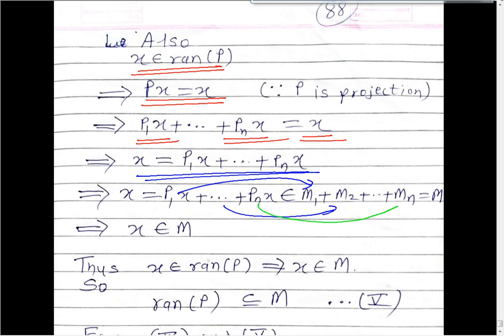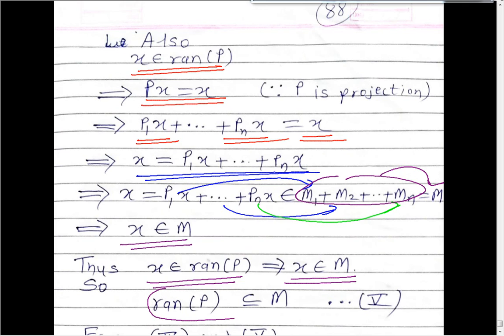Similarly, Pnx belongs to Mn. So x clearly belongs to M1 plus M2 plus ... plus Mn. But M1 plus M2 plus ... plus Mn equals M. So thus x belongs to M. We proved that if x belongs to the range of P, then x belongs to M. So range of P is a subset of M.